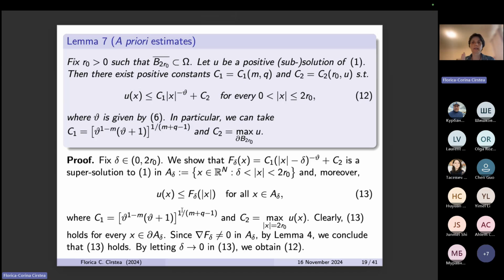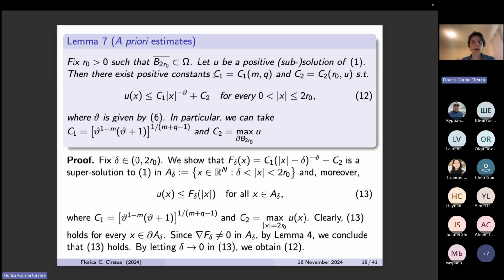Now, a priori estimates, again, is something that is different from the case when m is 0. What is different is the following. Let R0 be such that the closed ball centered at 0 and radius R0 is included in omega, and you have a solution or a subsolution for your problem.